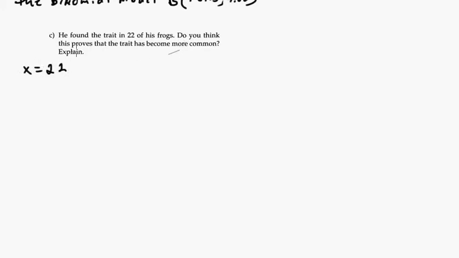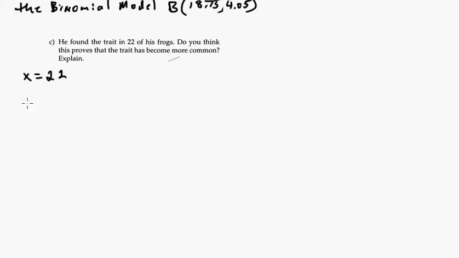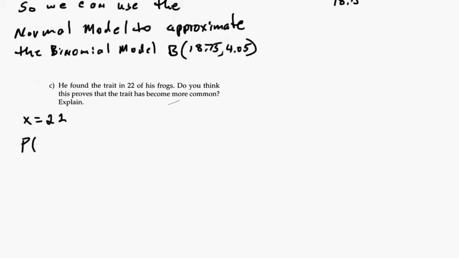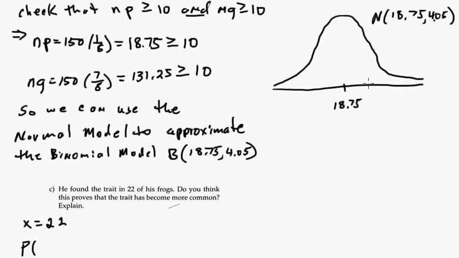Do you think this proves that the trait has become more common? Alright, so let's think about this for a minute. What would help us? Let's assume 22 is right about here. So let's just say that this point is 22.